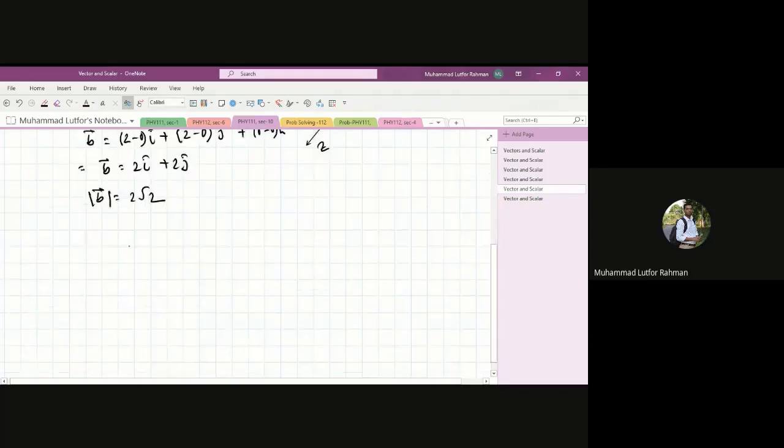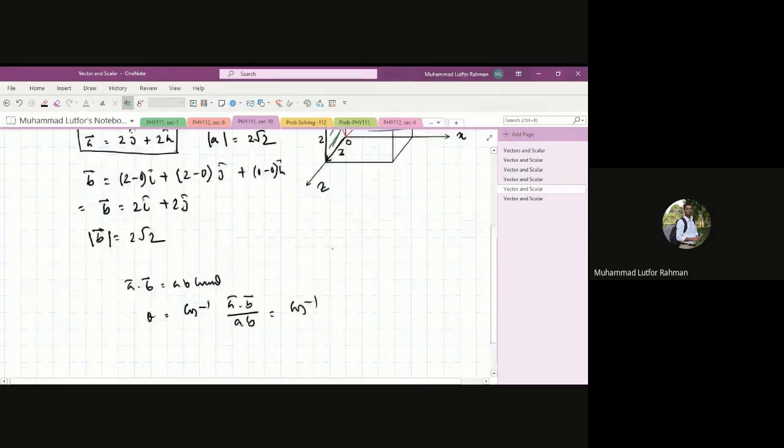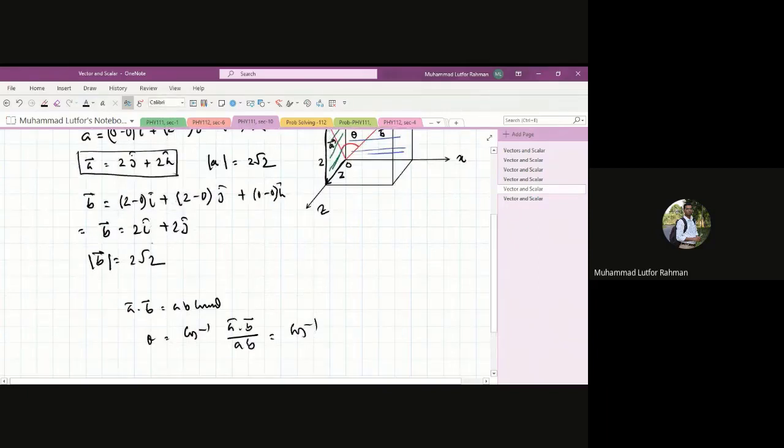Fine. Now I'm going to use my vector formula, A dot B equals AB cosine theta. Then theta would be cos inverse of A dot B divided by the magnitude of A times the magnitude of B. What will that be? Look at this, this is my vector. If I write it down, i dot j will be cancelled out, but j dot j will survive. Then k dot i would be 0, and k dot j would be 0.